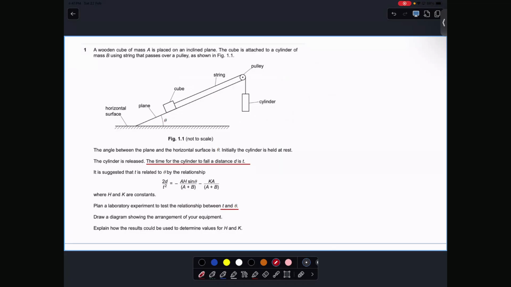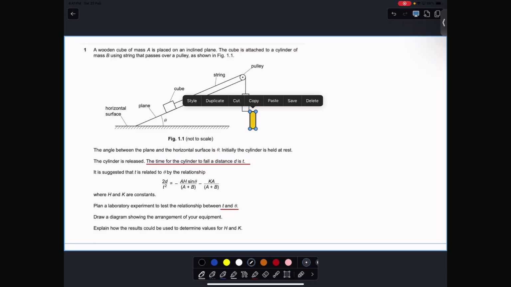Now, can you tell me what is distance d here in the diagram? Distance till the cylinder touches the ground, as in like height of this thing or bottom of that thing?